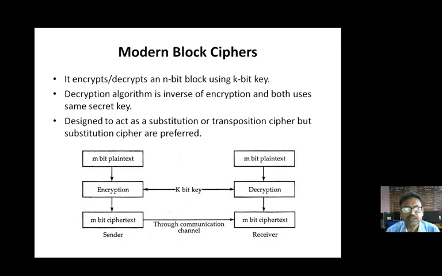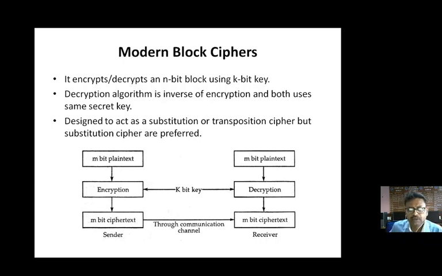It may also be possible that the plain text bits available are more than m bits. In that case, we convert the plain text into blocks of m bits, and each block is encrypted or decrypted at a time with the help of the k-bit key. So this is about modern block ciphers.